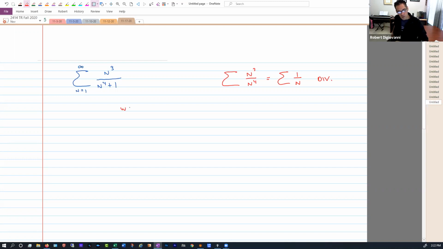So I want to show that the sequence there is bigger than or equal to the sequence there, right? So I want to show that n cubed over n to the fourth plus 1 is bigger than or equal to 1 over n.